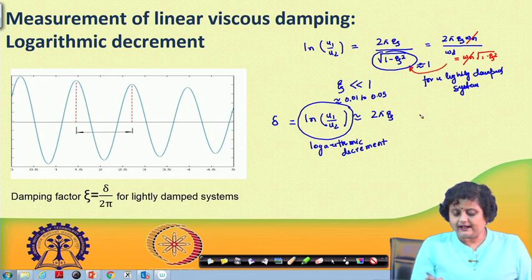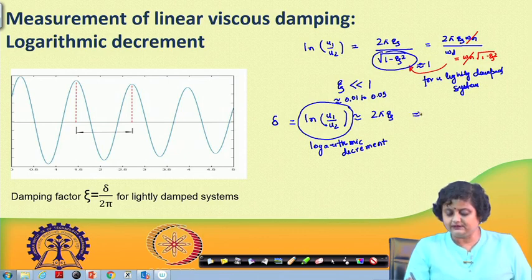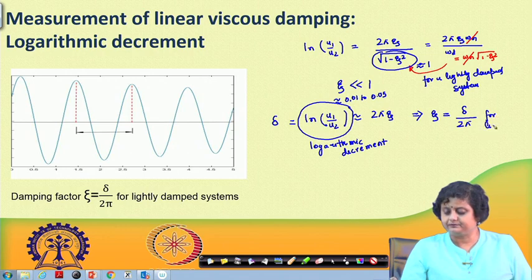So, therefore, I can say that logarithmic decrement is equal to 2 pi zeta, and therefore, I can find out the damping factor zeta as logarithmic decrement by 2 pi for a lightly damped system.